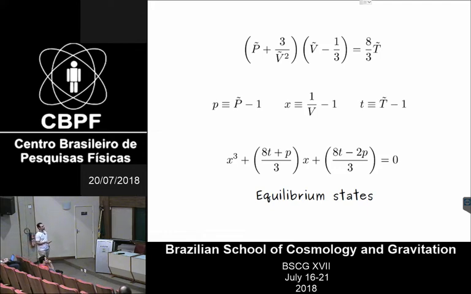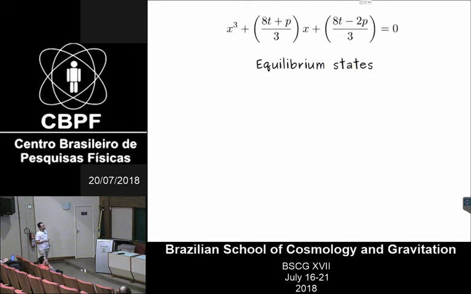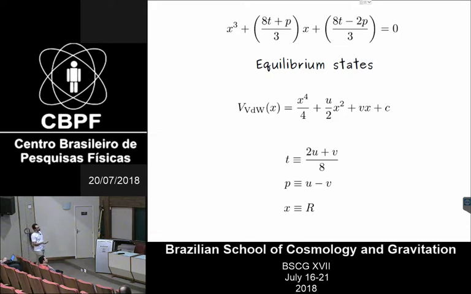Then we can think that it actually comes from the derivation of an effective potential, which turns out to be x to the fourth over 4 plus x squared plus x plus a constant, right? Which is actually what we had, if this is u, this is v. A constant doesn't show up here because that's the derivative of this, right?